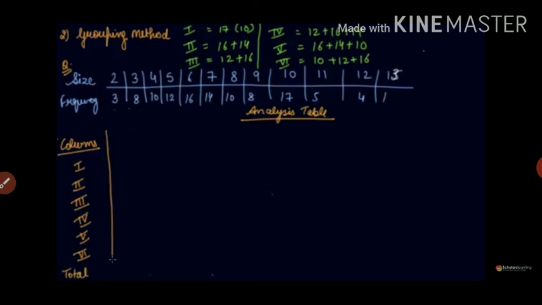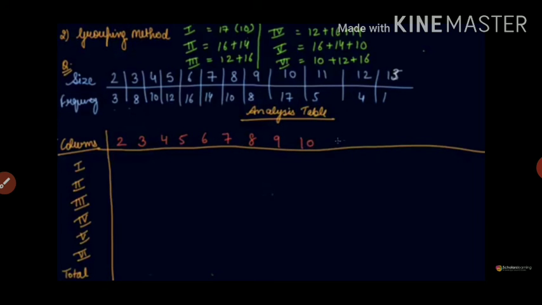The columns you have made in the previous grouping table, 6 columns. Now on the horizontal we will write the sizes, that is 2, 3, 4, 5, 6, 7, 8, 9, 10, 11, 12, and 13.